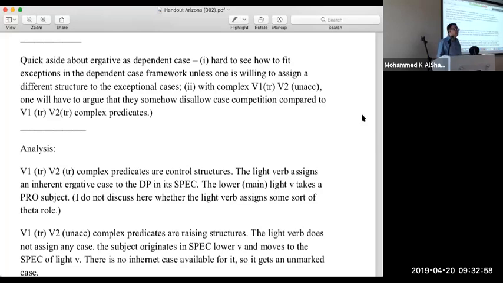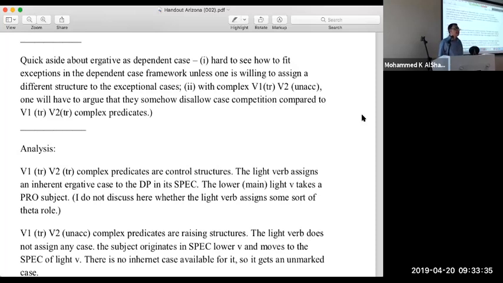Maybe I will too at some point, just to settle the argument. I don't know whether it's doable or not, but it's worth thinking about, given this push that is coming from the dependent case theory of ergative, that all ergative case is dependent. Baker starts off with a relatively weaker position that ergative case could be dependent or inherent, which is of course a very disappointing way to think about it.